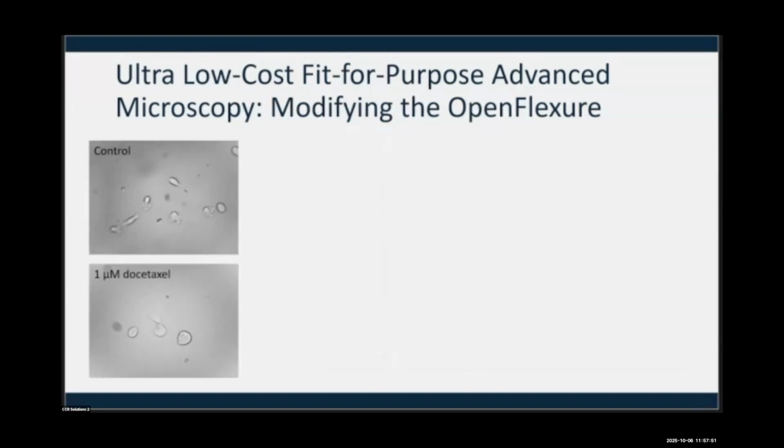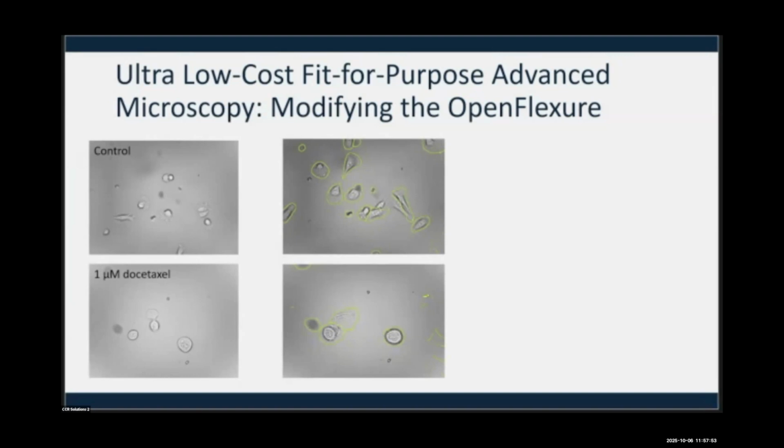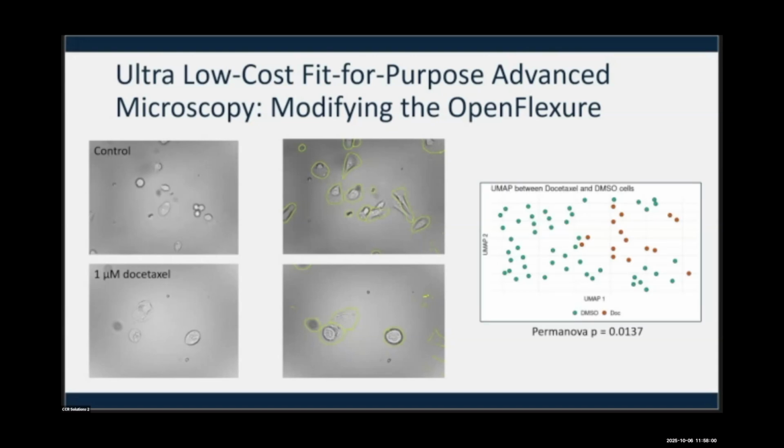And as we continue to develop our OpenFlexure pipeline, we have got a segmentation model that is still in progress, but we are able to segment these cells. And from this very early study, we have shown that we can identify a significant separation in the features between the two populations, even with low cell number, using our SELFIE toolkit.